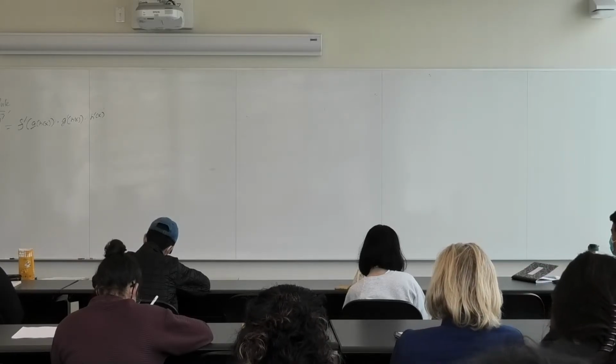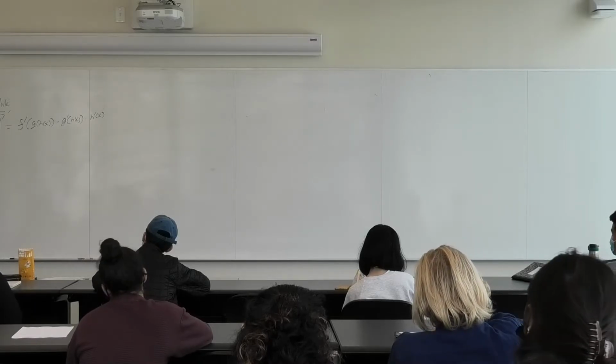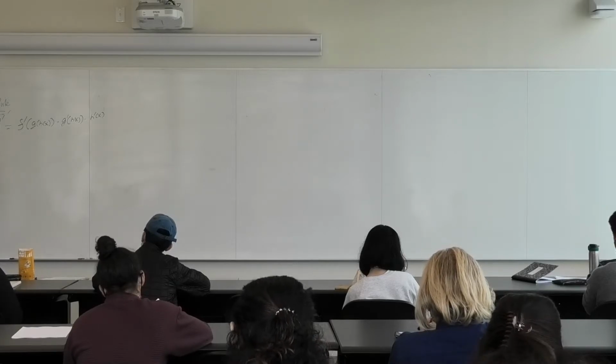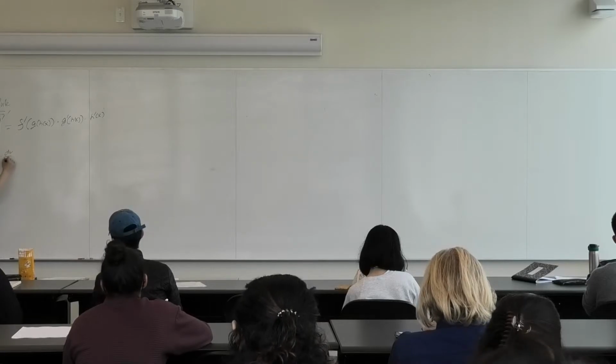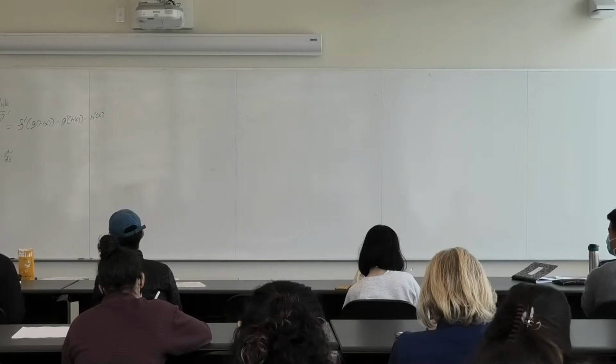The Leibniz version looks much nicer. Just say dy dx equals dy du times du dv times dv dx. You have to set up the u's and the v's to be the functions properly.